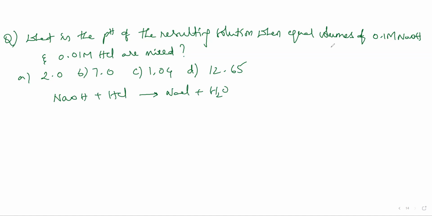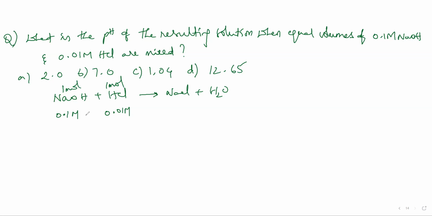When equal volumes of 0.1 molar NaOH, so this is 0.1 molar given, and HCl 0.01 molar, right? But according to the equation, 1 mole of NaOH neutralizes 1 mole of HCl.